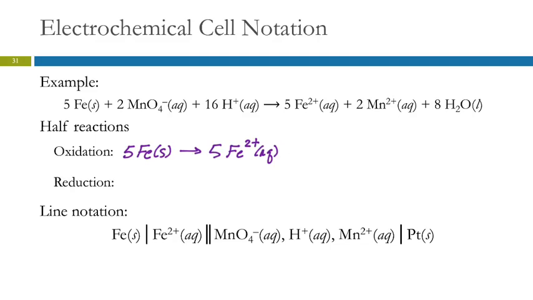What's missing from that? Electrons? And oxidation is loss of electrons. So we should have electrons as products. And the chart is going to tell us what those should be.